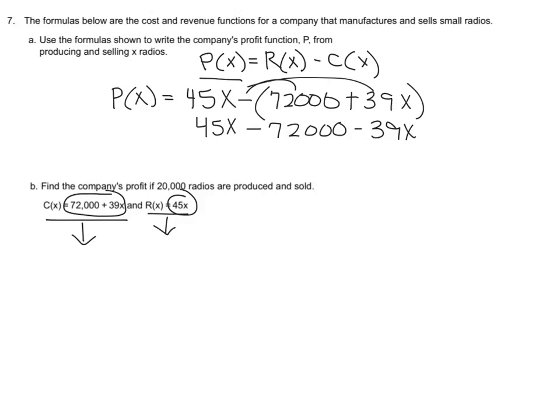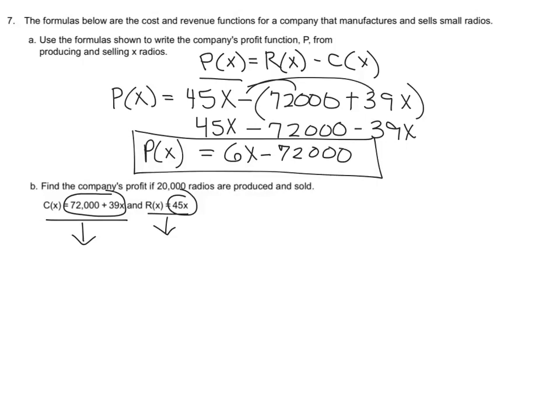I have a 45x and a negative 39x. When I combine those, I get 6x, and then minus the 72,000. So this is as simplified as I can go. So my profit function is P of x equals 6x minus 72,000.